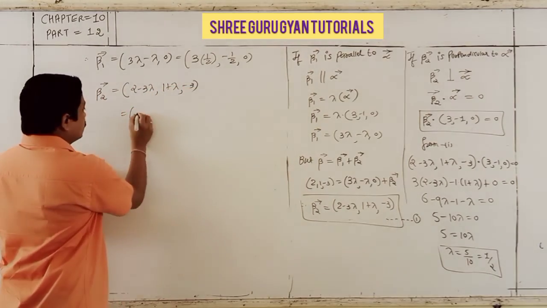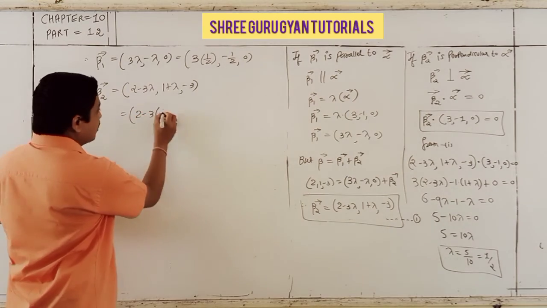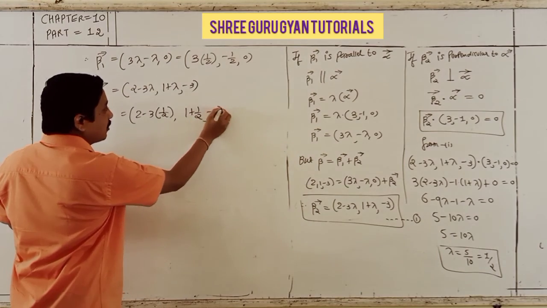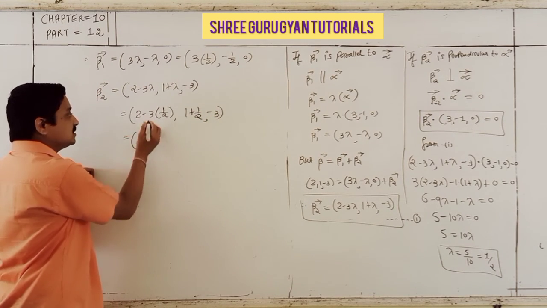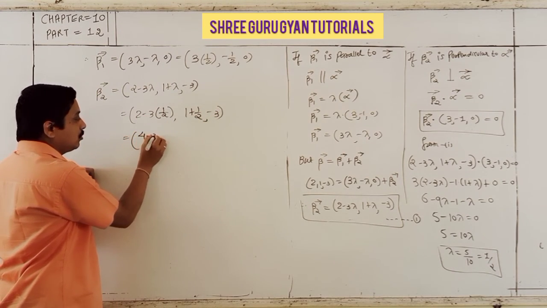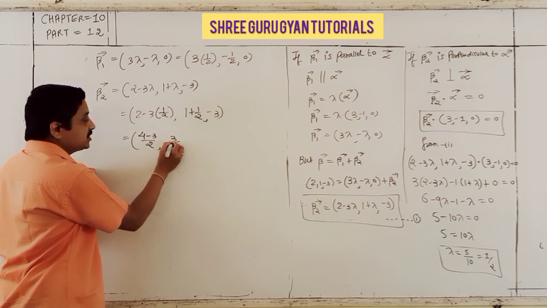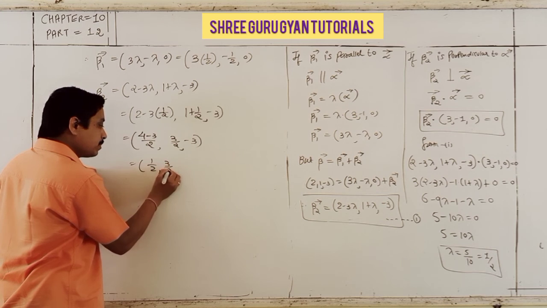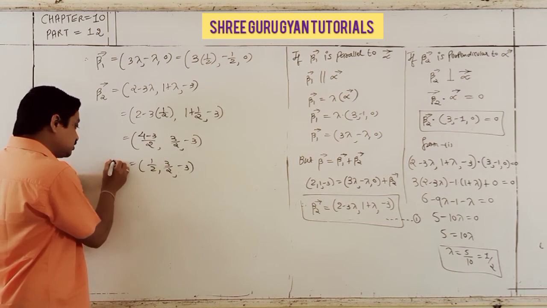Applying lambda as half: 2 minus 3 by 2, 1 plus half, and minus 3. So my answer is 2 minus 3 by 2, which is half, then 3 by 2, and minus 3. That is your beta 2.